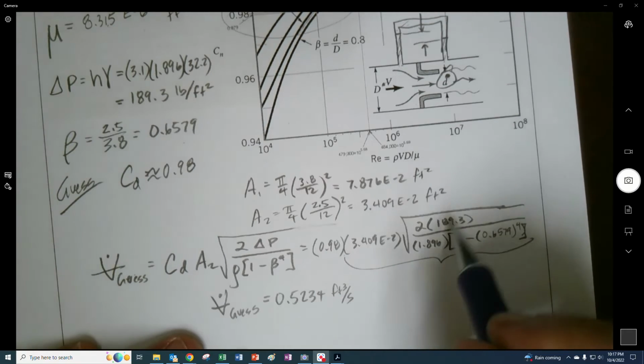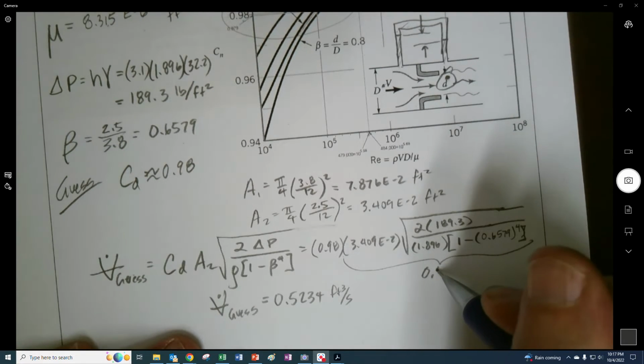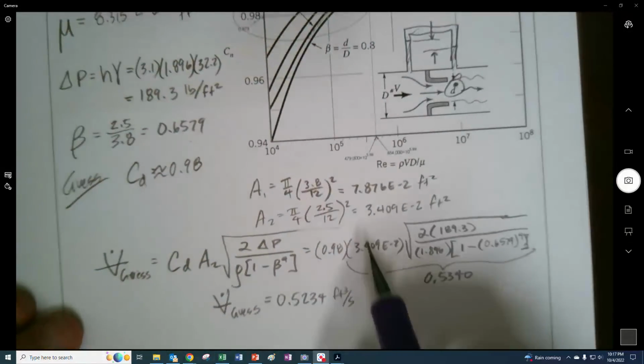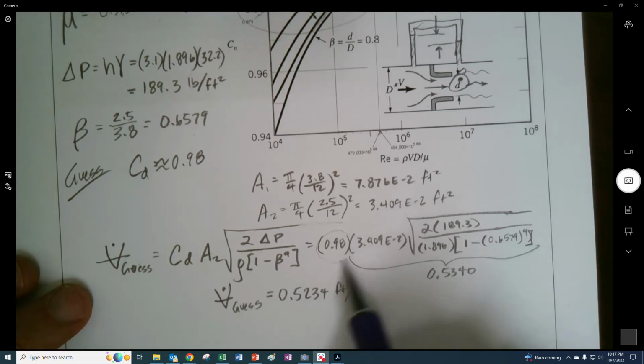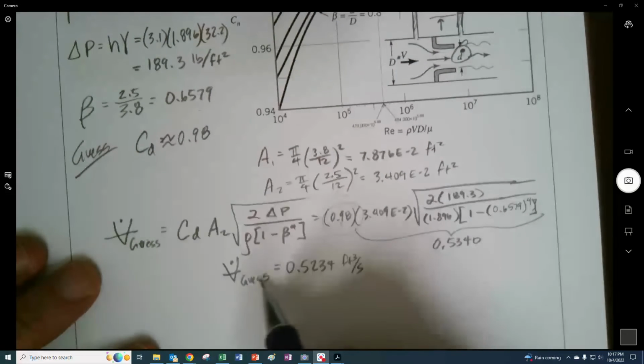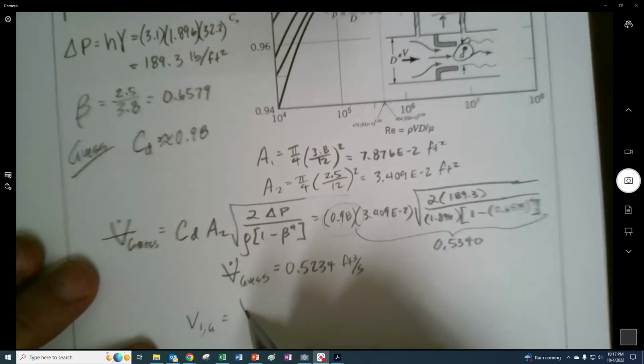Something that's really good to do is to figure out what this is. We probably won't have to do too many iterations, but we should. This was a guess, and we needed that to be able to get this volume flow rate, so we could get the velocity. That's a guess, right?